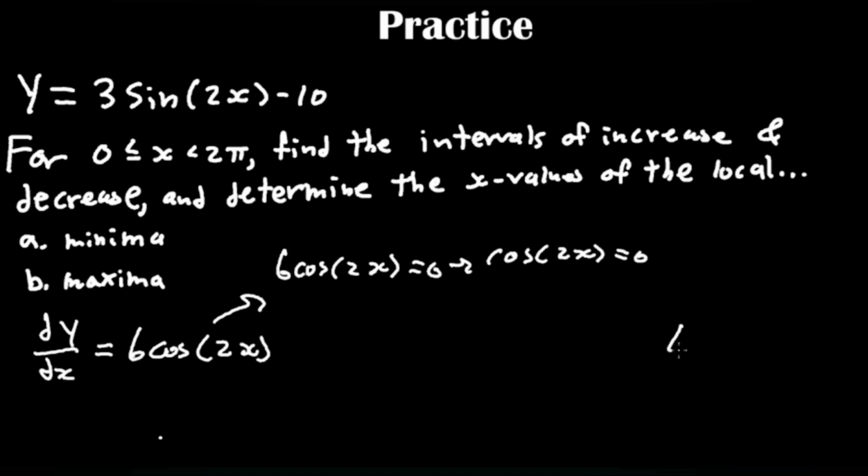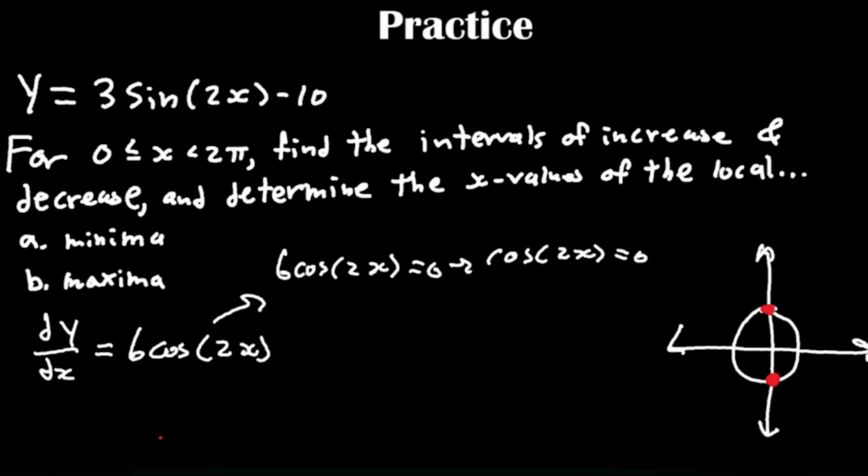Where does that happen? Let's look at a unit circle. So the unit circle tells us, based on the x and y coordinates of the points on the circle, the cosine and sine of our angle. Let me draw our circle. So the cosine is the x-coordinate, which is 0 when we intersect the y-axis.